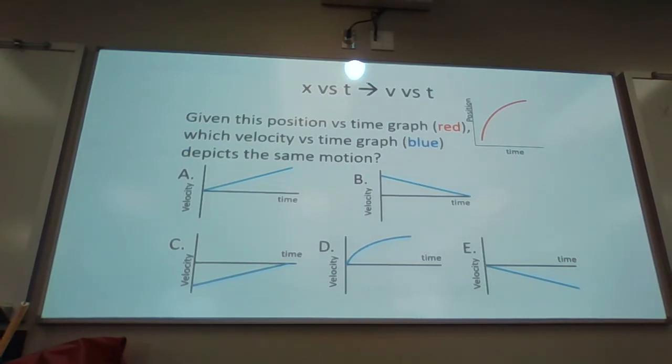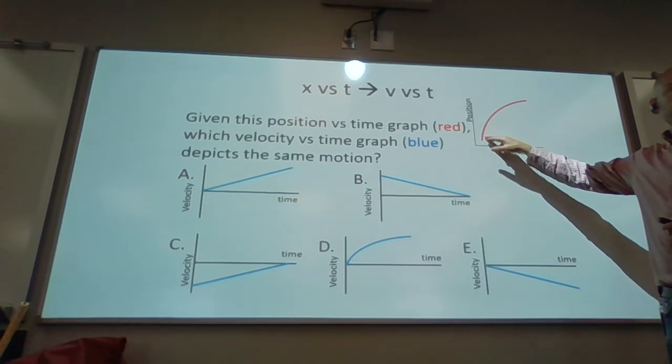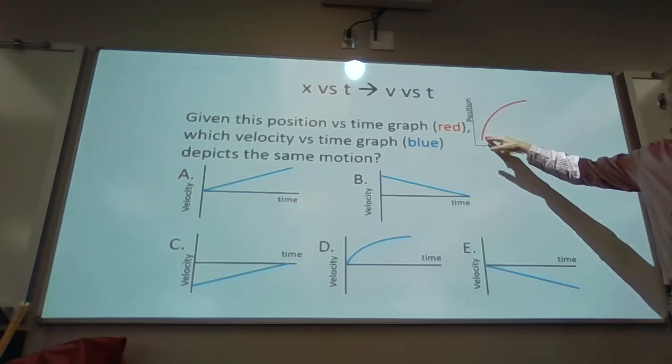Okay. What do we say? B. Fast or slow? Positive or negative? Where do we find fast, positive on a velocity versus time graph?